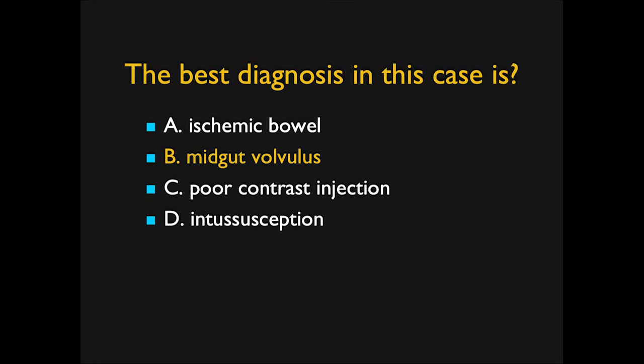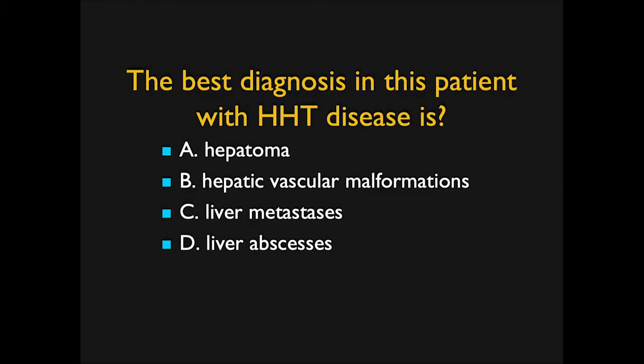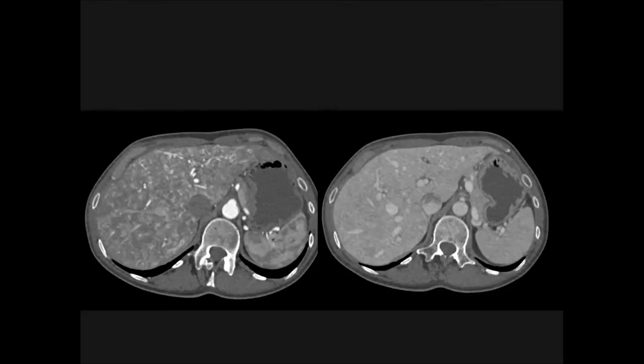Very, very important. Now, this patient has HHT disease, and what's the best diagnosis? This is hereditary hemorrhagic telangiectasias. And what you see is arterial to venous. Look at all those vascular lesions in arterial, and it's gone basically on the venous. This is not a hepatoma, and it's not Mets, and it's not abscesses.